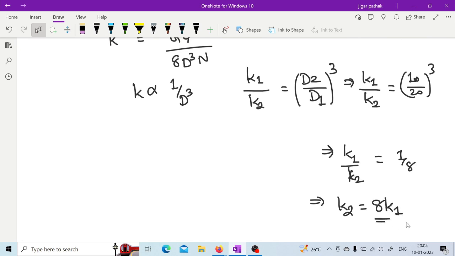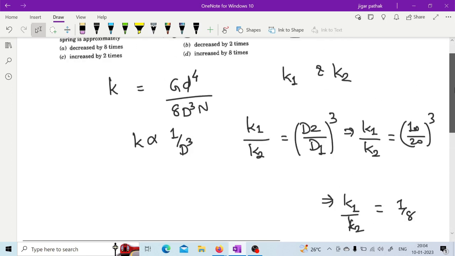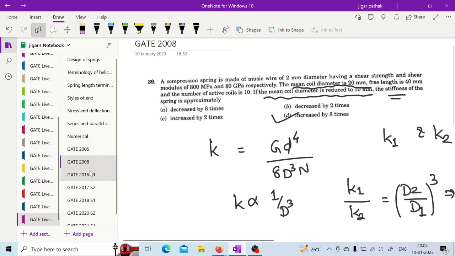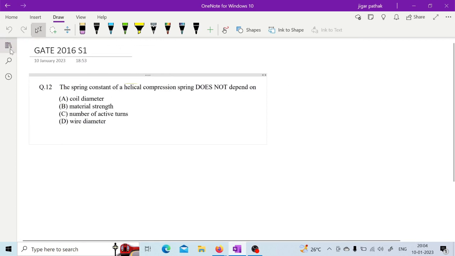So it is increased by 8 times. Yes or no? Correct? So here this one is your answer. So everyone is getting this? Okay. Next is this.